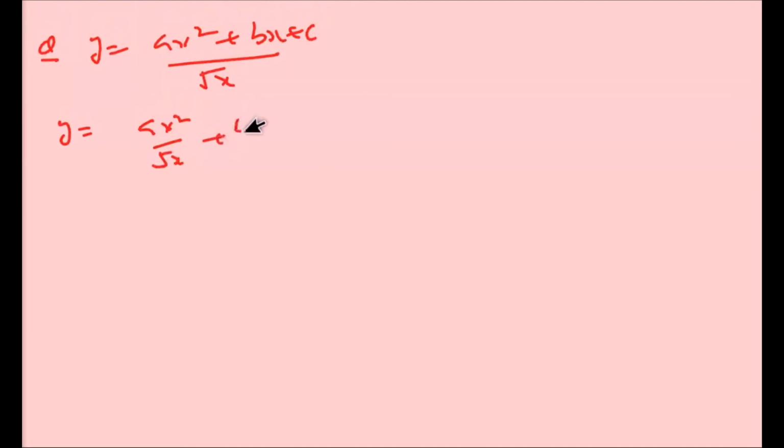Now another question: ax square plus bx plus c upon root x. Now students, this you have to learn. It is of the type numerator upon denominator, which means you can use the quotient formula, but you have to take care. If the question can be simplified into addition and subtraction form, first you have to simplify it by dividing by root x. So you can see it will be easier before taking the differentiation.